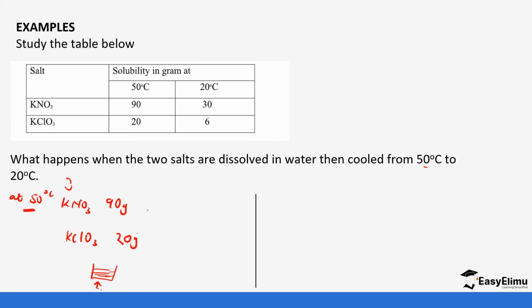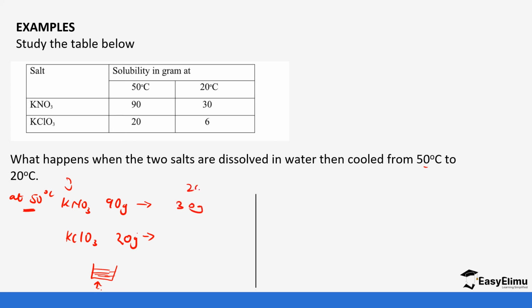So we need to identify if there are any crystals that are going to form. Basically we are going to look at each salt, how it's going to behave at 20 degrees Celsius. For potassium nitrate, it initially had 90 grams in solution. At 20 degrees Celsius, it can only dissolve 30 grams.